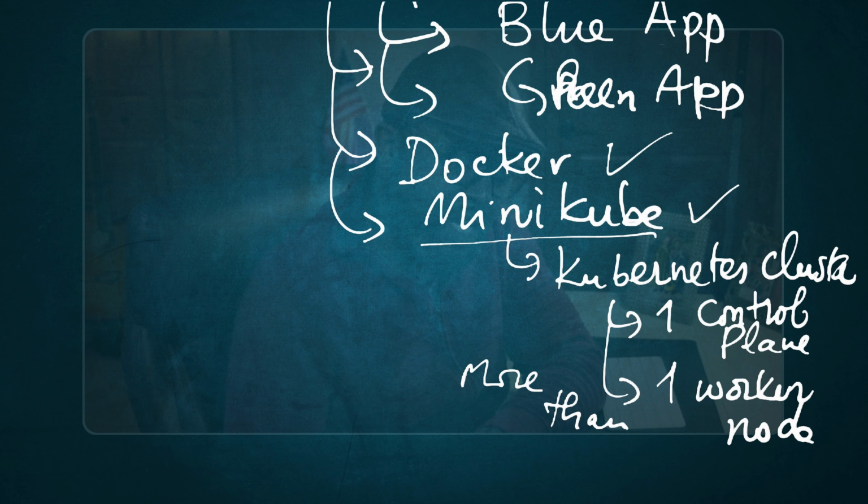Well, for learning, we're using Minikube here today. We're going to have a manifest written in YAML. We'll also have a Bash shell script to help us automate the switching between green and blue deployment.